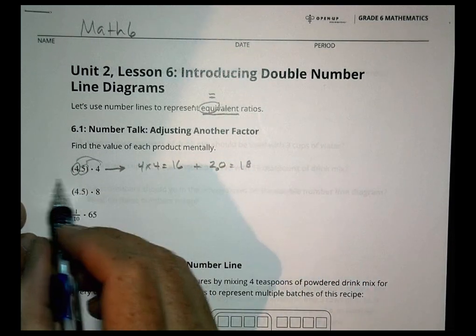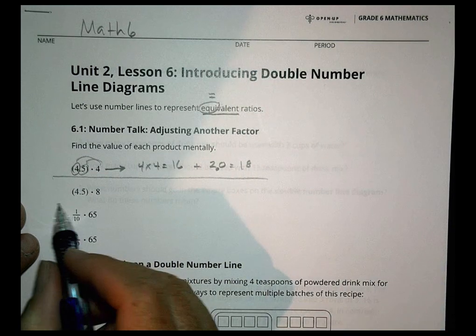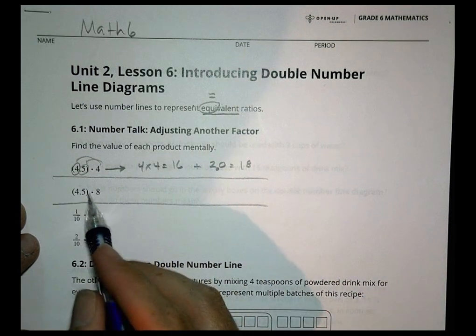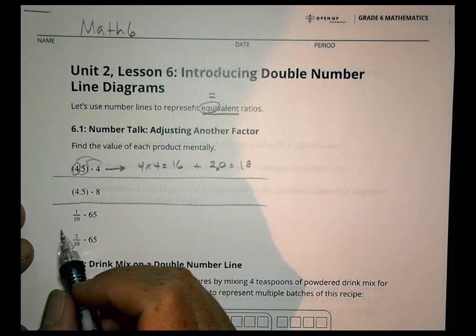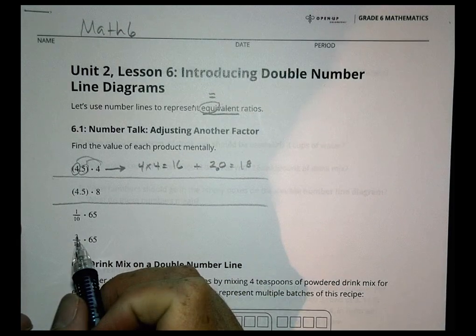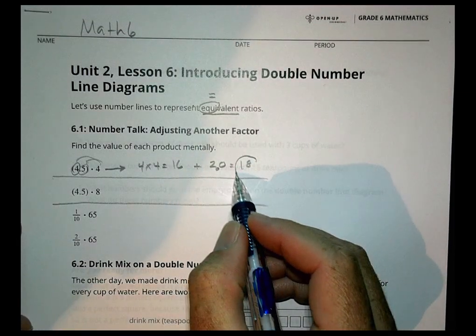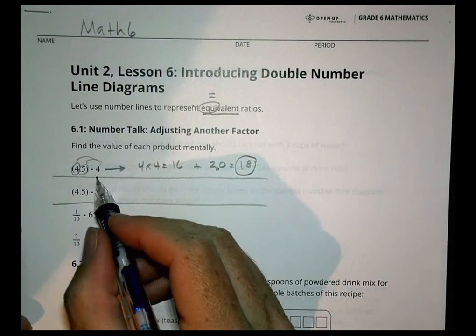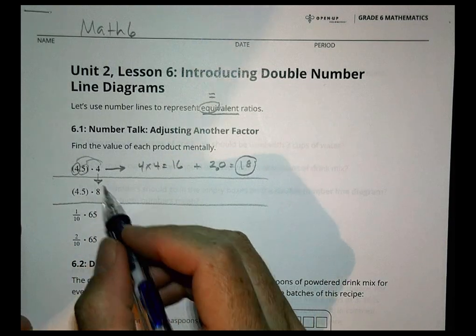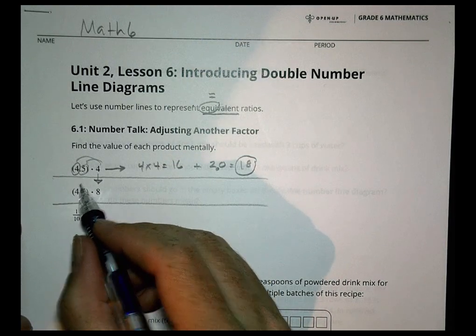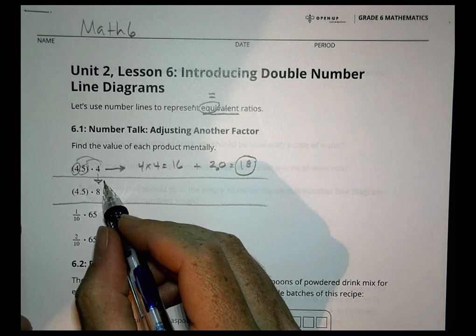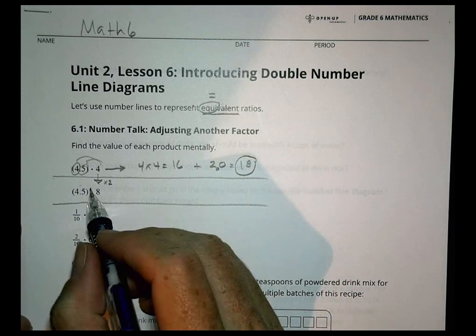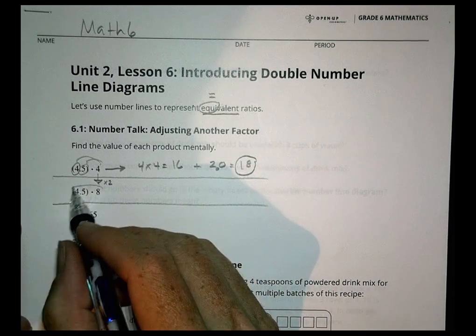Now this information actually helps you take a look at the second one, because this second one is 4.5 times 8. And so again, using some mental math and knowing what we already know about 4.5 times 4, we can see if there's a relationship here. This goes from 4 to 8, which is multiplying by 2. So I don't have to worry about this part at all.